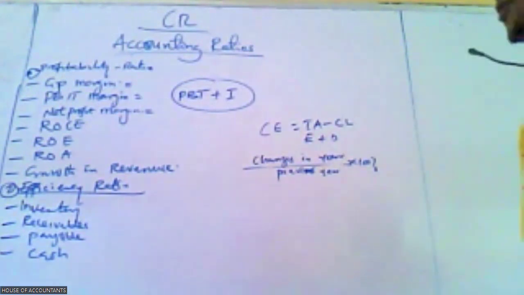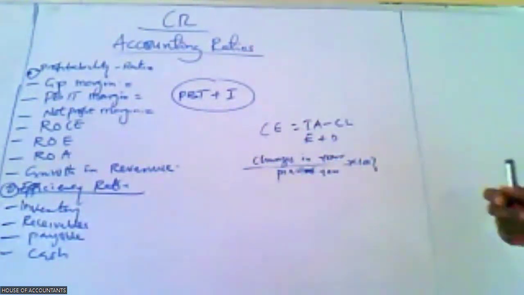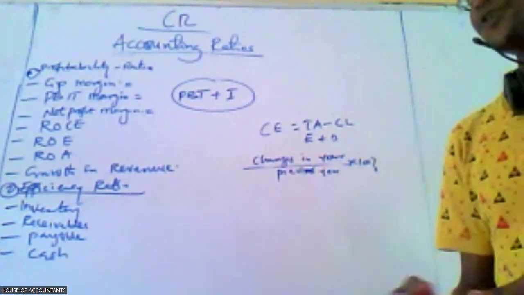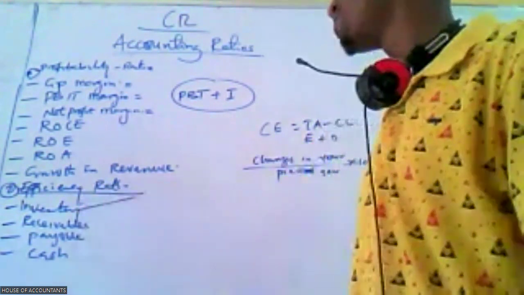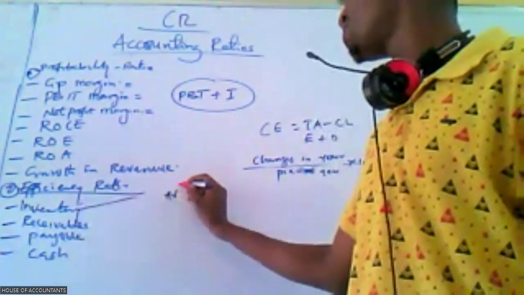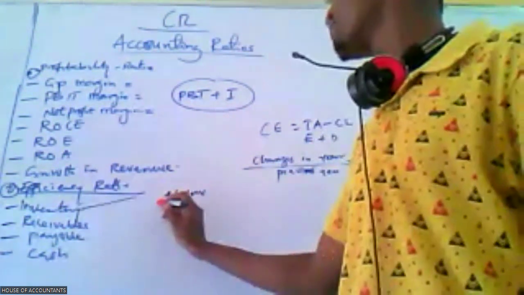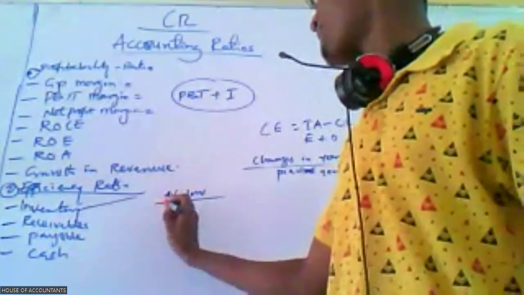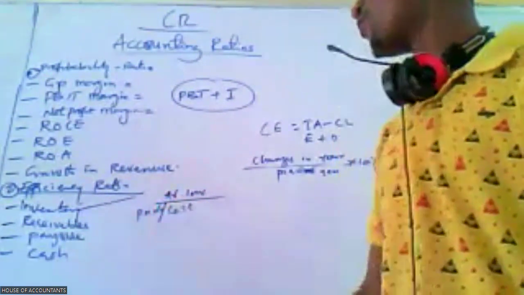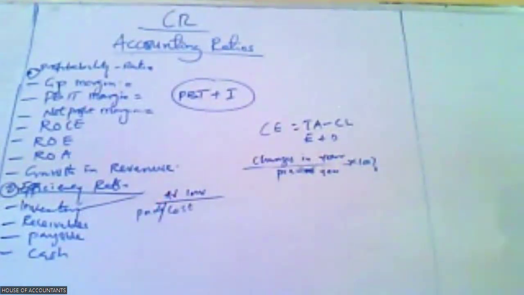Now, we can calculate 2 things here. You can calculate the period, or we can calculate the turnover. When you are calculating the period for inventory, it's going to be average inventory over purchases or cost of sales.